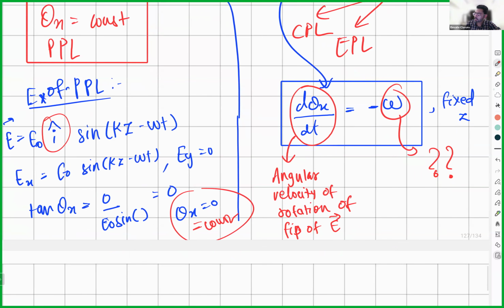So this tip of the electric field is rotating with very high speed. The right hand side is the angular frequency of the electromagnetic wave, and the left hand side is the angular velocity.